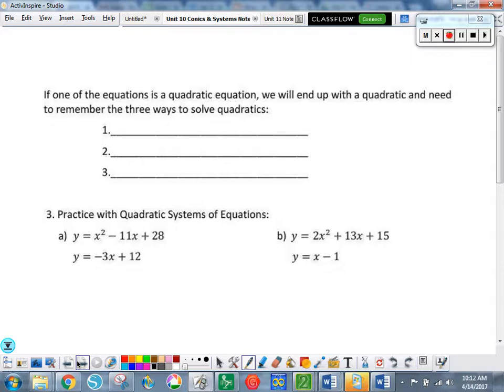Okay, if one of the equations is a quadratic equation, we will end up with a quadratic and need to remember 3 ways to solve a quadratic equation. You could solve a quadratic equation by, and remember, factoring, which is the game.